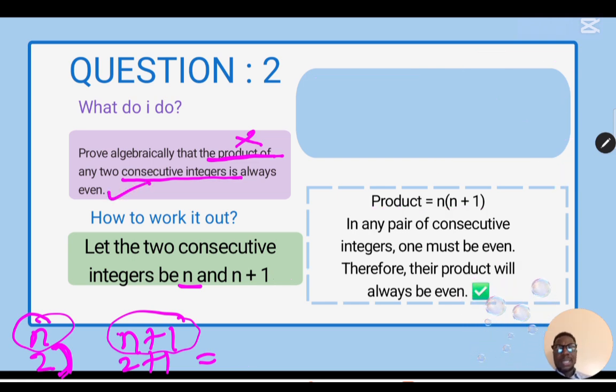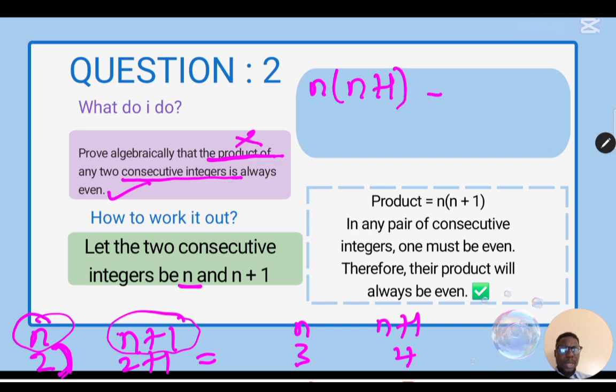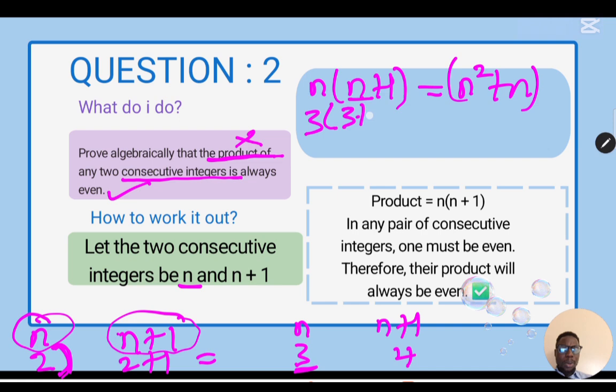So let's use another set of integers, n and n plus 1. Let's say n is 3, and the next one, n plus 1, is 4. So n into bracket n plus 1 is 3 into bracket 4, which is 12.